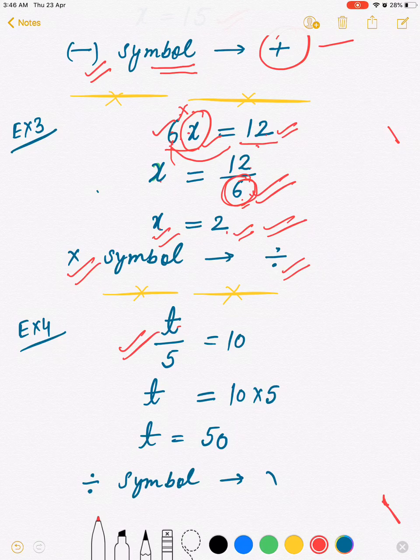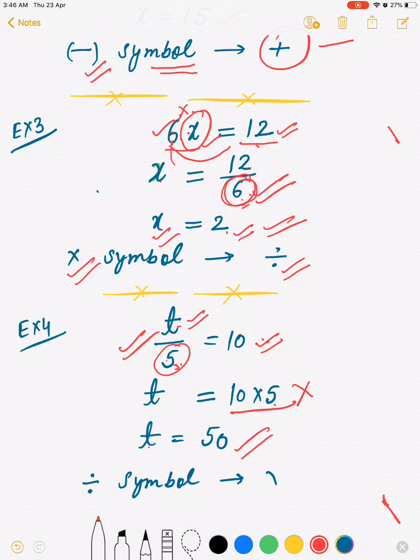This is t divided by 5 equals 10, and again I have to find this t. Again I will have to transpose this 5 to that side. Here 5 is in division. When it goes to the right side, it will turn into multiplication, and the answer will be 50.